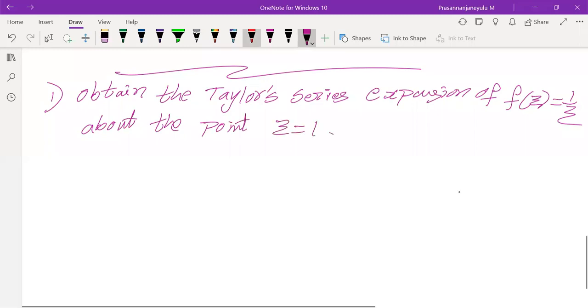You have to concentrate on this wording: about the point z equals 1.